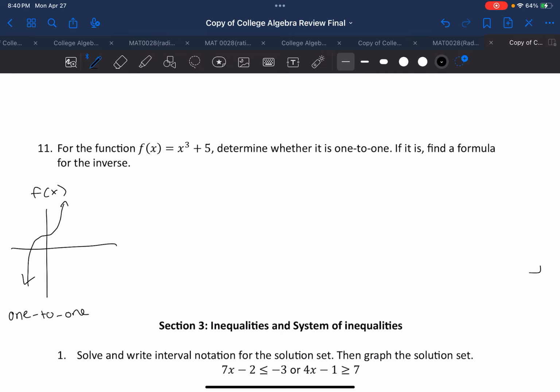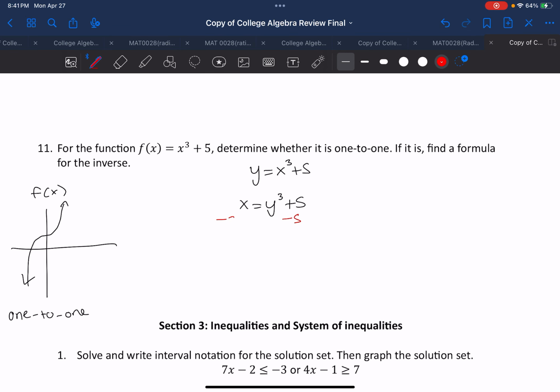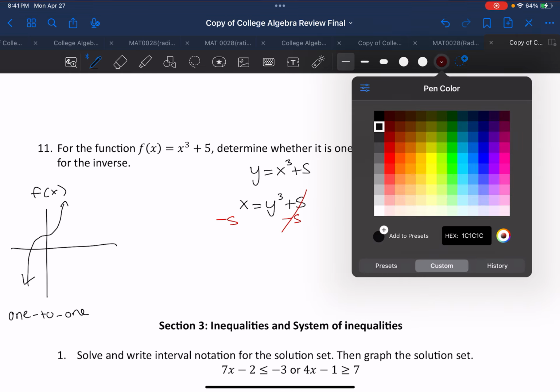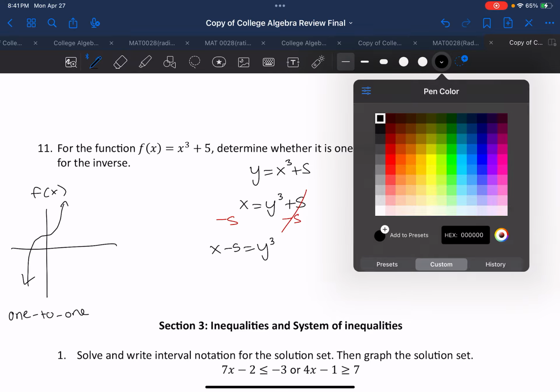So to find the formula for its inverse, I can rewrite this as y equals x cubed plus 5. And then I will switch my x and my y variables. And then I will solve for y. So that leaves me with x minus 5 equals y cubed.